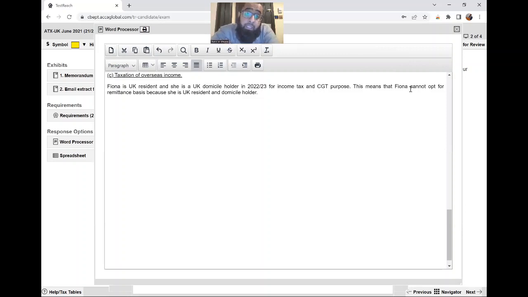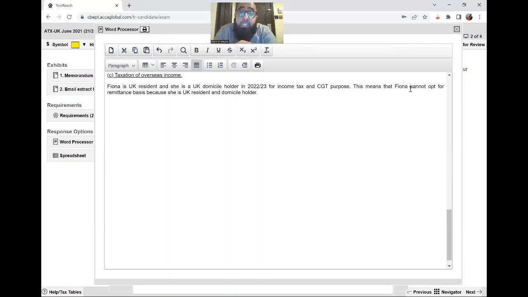I will repeat it again. Opting for remittance basis is only available to a person who is resident but not a domicile holder. If you want to revise the rules, you can. I am giving you a lifeline. The examiner will not give you. Fiona is UK resident and she is UK domicile holder. For income tax and CGT, she is a domicile holder.